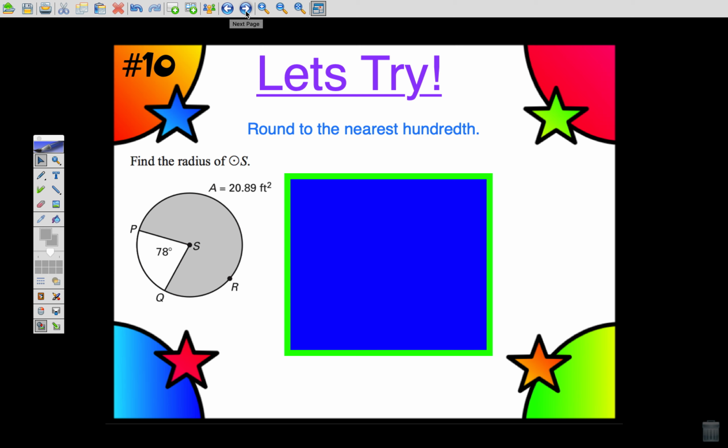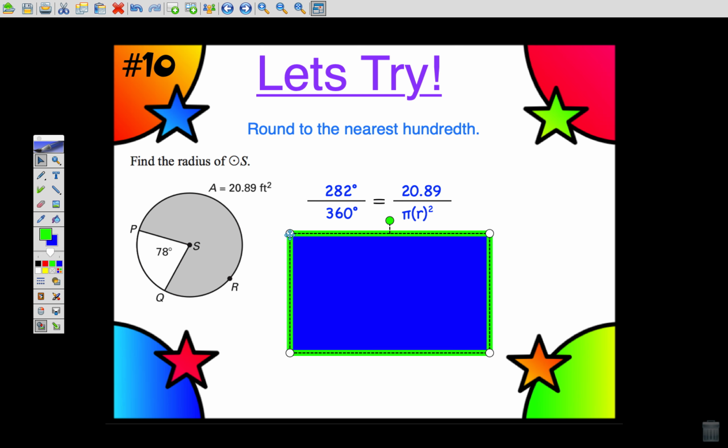All right, next one. We have a capital A, which stands for area, about 20.89, and like I said, that's referring to this gray shaded sector. We need the radius of this circle, and so this time, that's what it'll look like when we set it up. Now, where does this 282 come from? Well, you've got to be careful, because if I know this area is about 20.89, that's the central angle I need to use.